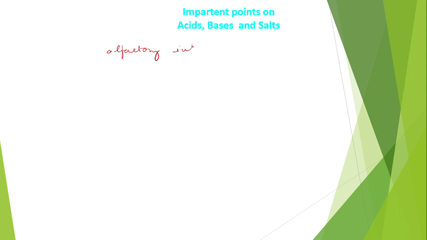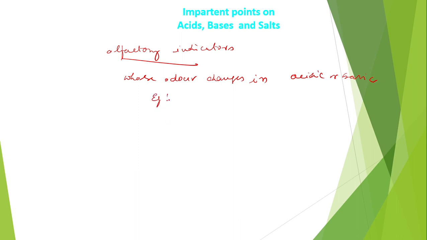Olfactory indicators. So what are these? These are indicators whose odor changes in acidic or basic media. For example, the smell of onion.